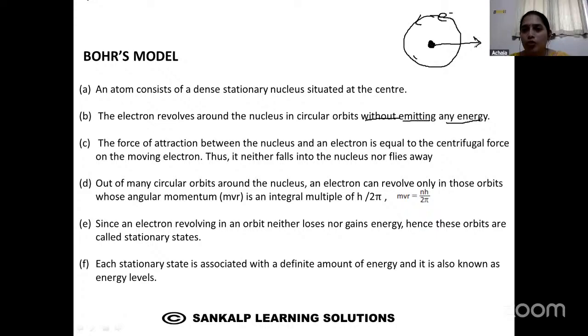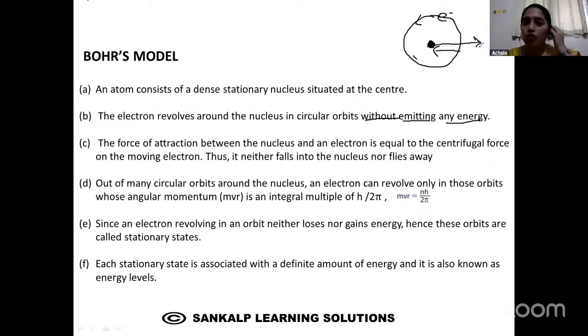That centrifugal force is due to rotation of the electron, revolving around the nucleus, whereas the centripetal force, which counteracts the centrifugal force, is due to the nuclear charge. We know the nucleus has a positive charge. This positive charge attracts the electron towards itself. This acts as the centripetal force.